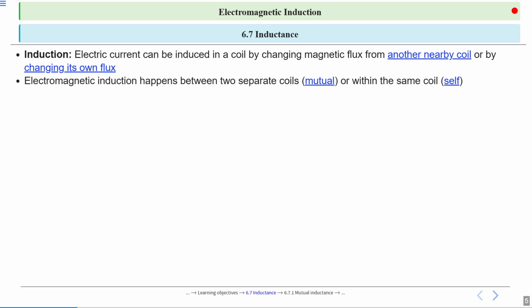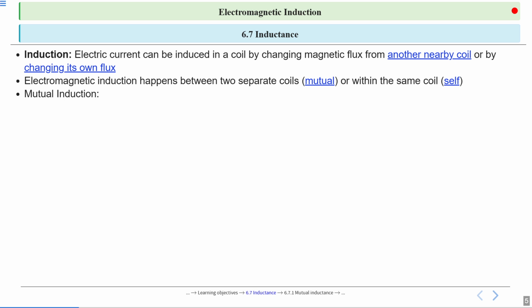When only one coil is there, and we induce EMF in the same coil by changing its own magnetic flux, it is known as self induction. Inducing EMF in one coil by changing magnetic flux in another nearby coil is called mutual induction.